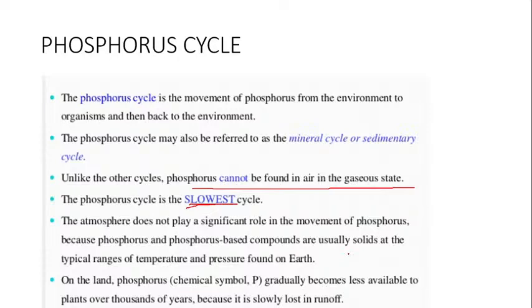The principal stock or the reservoir of phosphorus. For sulfur, we said the reservoir is rock, or the lithosphere.